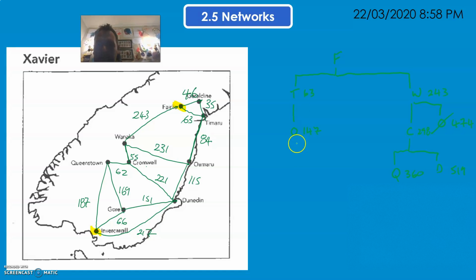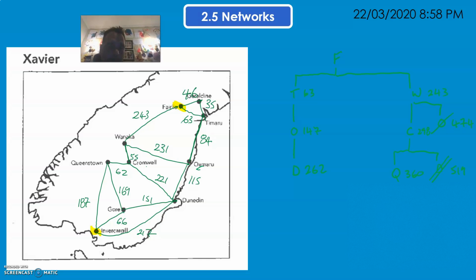Now on this other branch, from Oamaru I could go back to Wanaka, but I'm going to run into the same problem that I did before, so I'm not going to bother doing that. So we could go to Dunedin and add another 115. So 147 plus 115 gives me 262, which means that Dunedin option is no longer a problem.